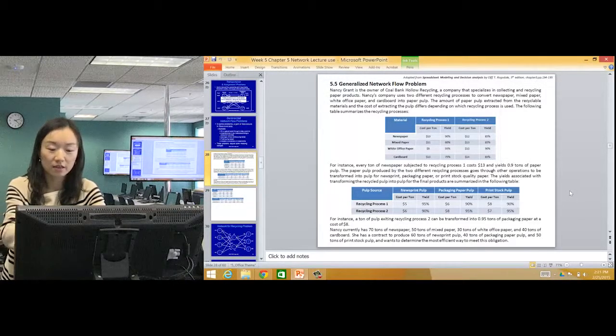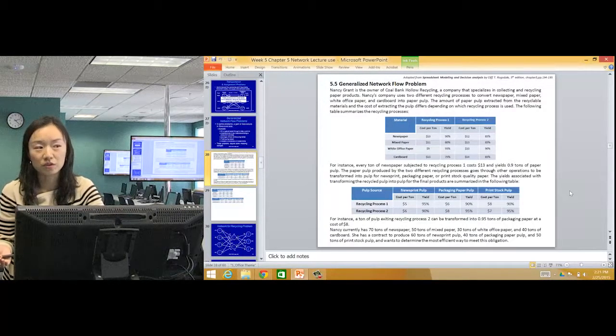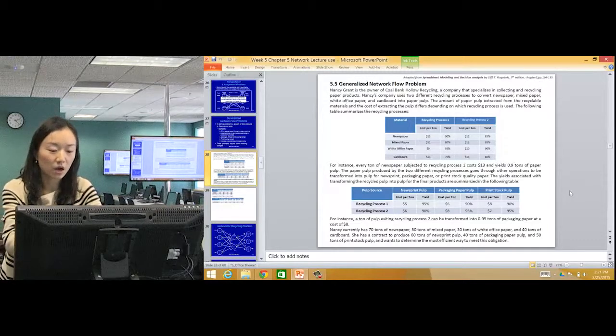And in this generalized network flow problem, the second challenge is to determine the sign to use. Okay, because the starting volume is not the same as the ending volume because of those yield rates.